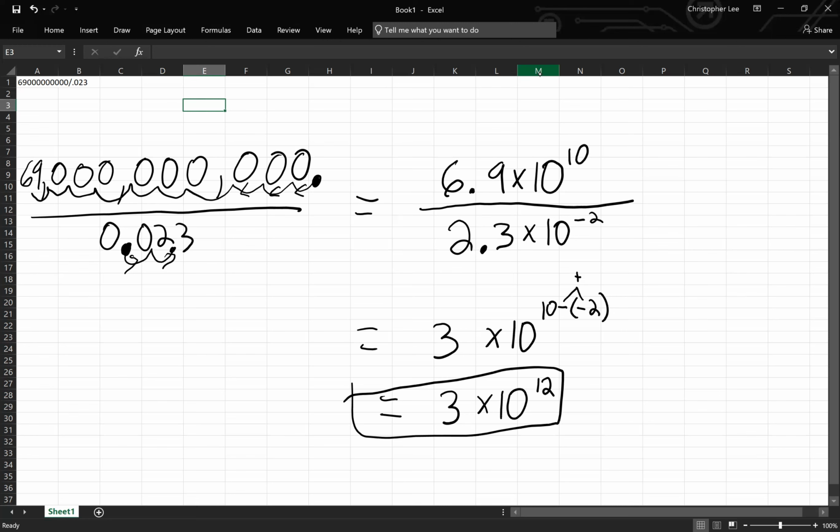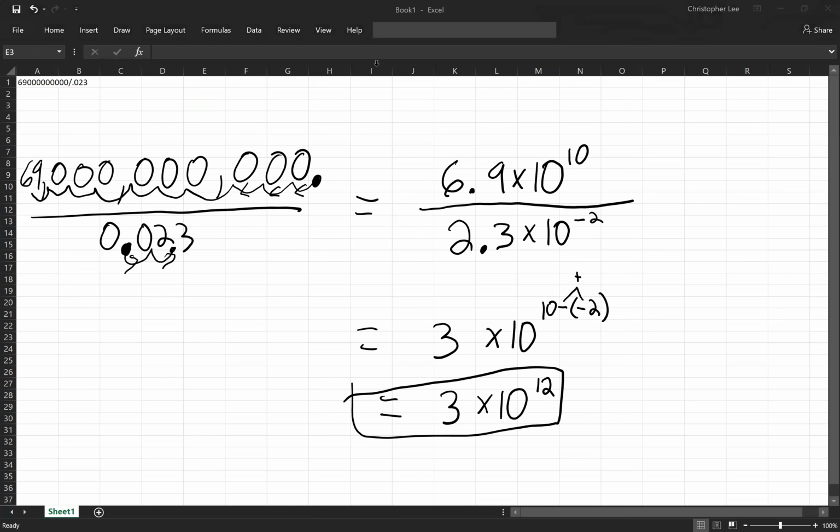All right. Are there any questions on that? Did that make sense? You can also say 3.0 if you like, but it's not necessary. 3 is sufficient. But yeah, any questions about that?